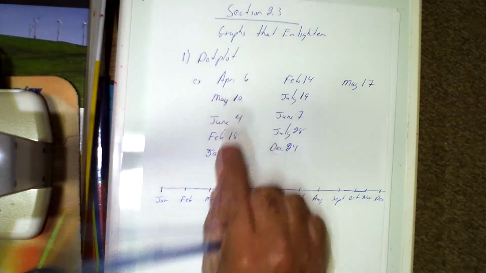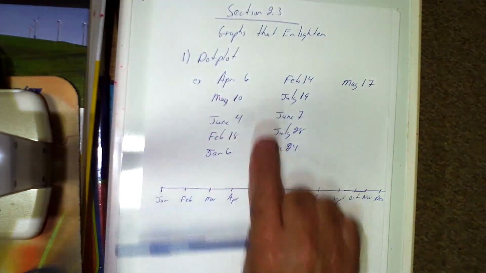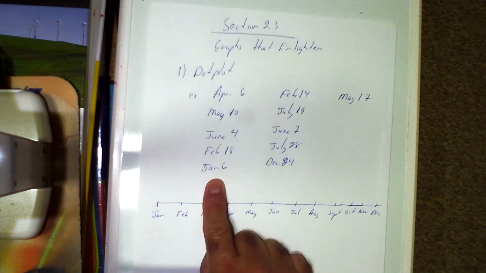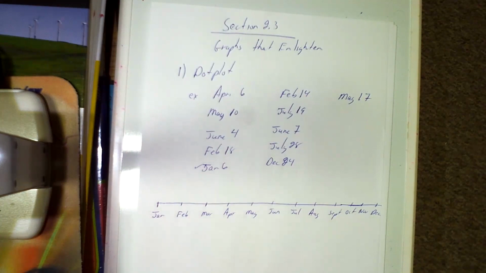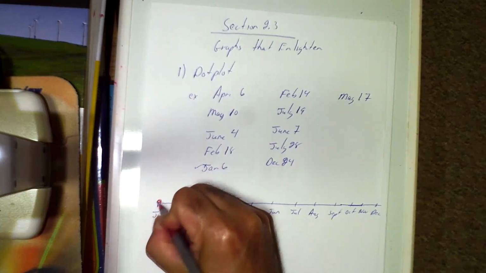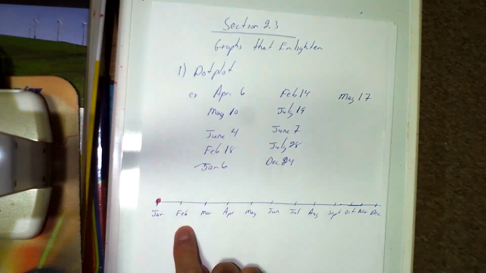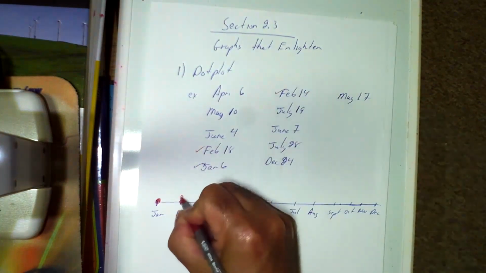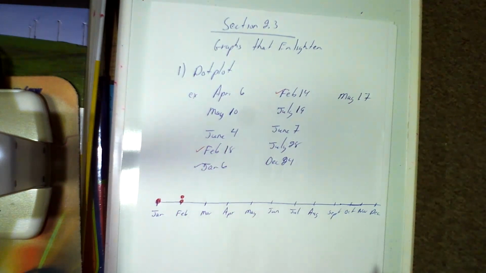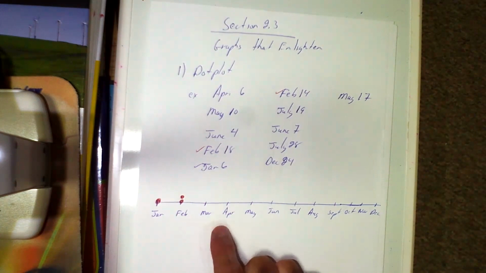And what I do is I look at how many Januaries appear on my list. Well, I only have one. So I'm going to represent that month with a dot. February, I have 2 of them. So I will put two dots, one on top of the other. March, I don't have anything, so I'll leave that blank. April, I have 1.